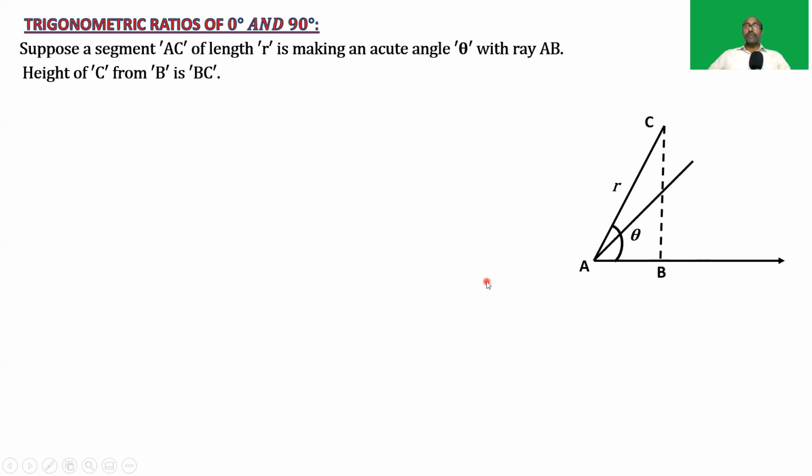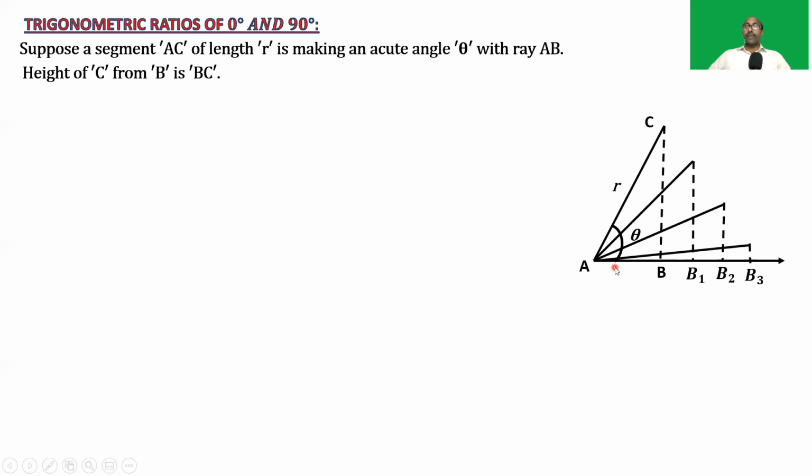Now, if AC leans on AB like this, the length BC decreases gradually, and the angle theta also decreases like this. Okay, again see.